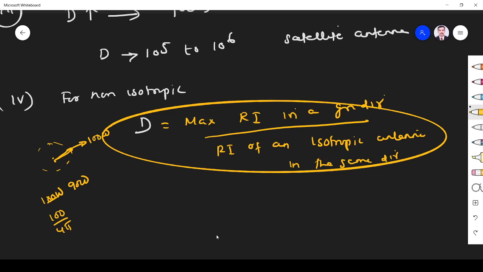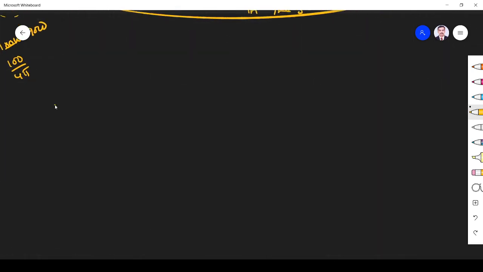Okay, this is the next point we have to know. The most important point, the fifth point, is for a narrow beam. This we have to use in the problem also.